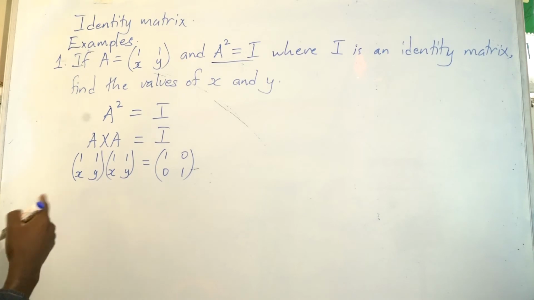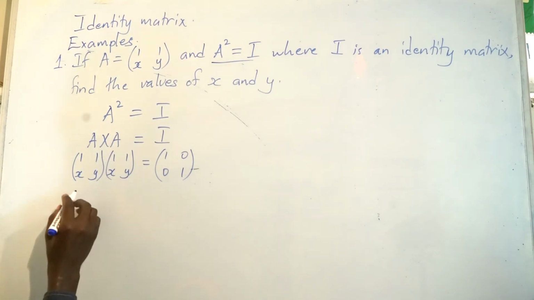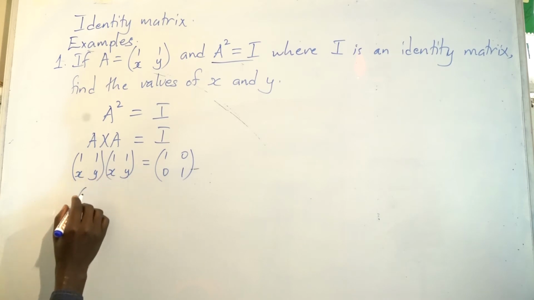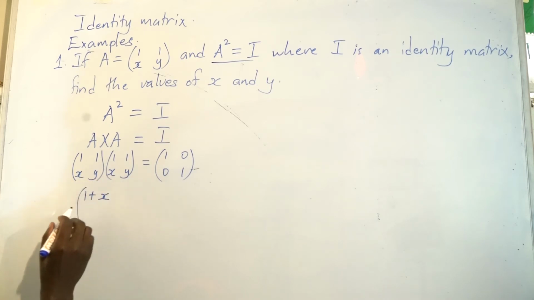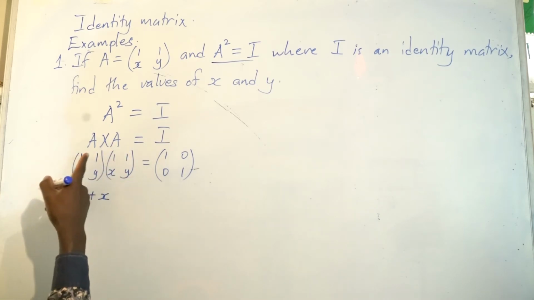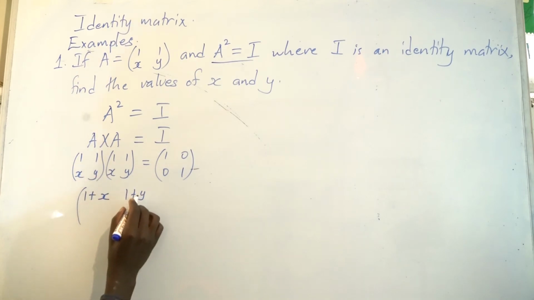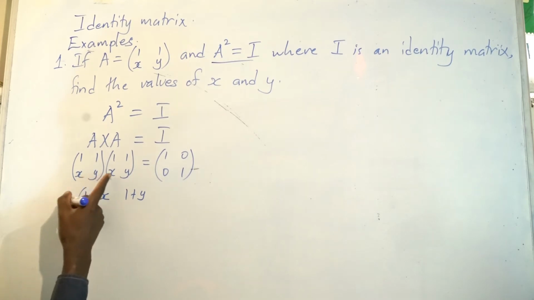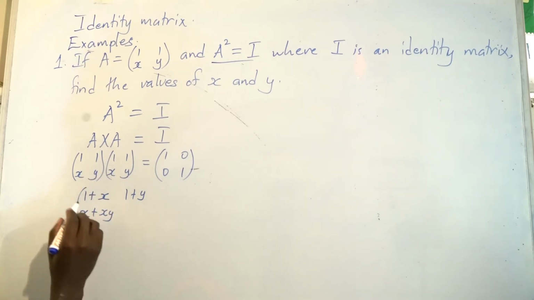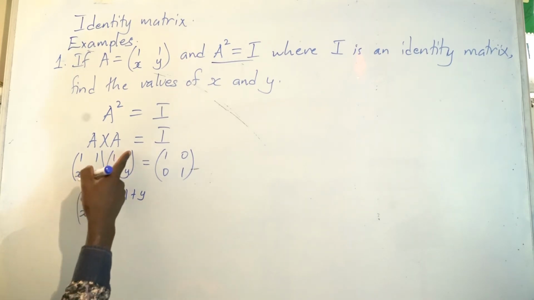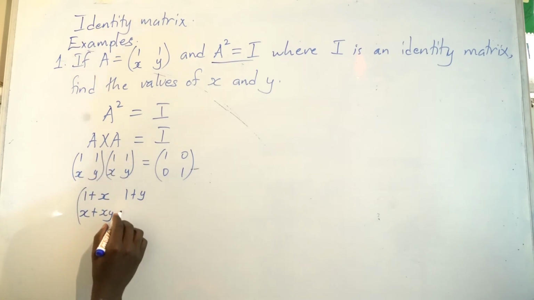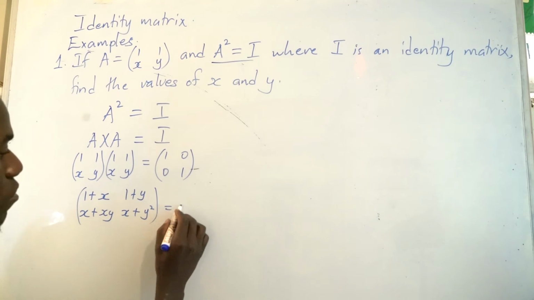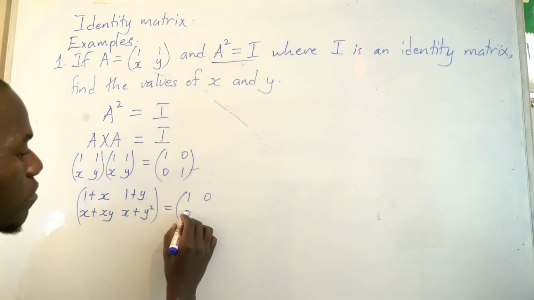Then I begin on the left hand side, row by column very fast. This plus that. Then row by column 1 plus y. Then row by column y plus xy. Then row by that column x plus y squared is equivalent to 1, 0, 0, 1.